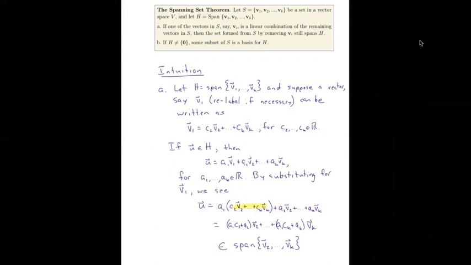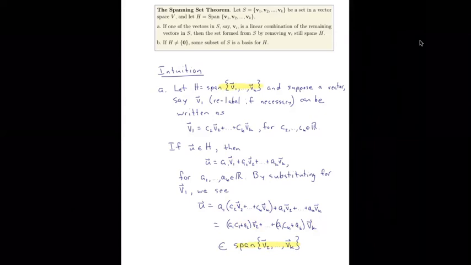So that's the official details of that finished up. Here's grouping like coefficients in front of each vector, like terms or whatever. So we see that U can be written as a linear combination of just the vectors V2 through Vk. So that means that U is in the span of this seemingly smaller subset, V2 through Vk, rather than all of V1 through Vk.